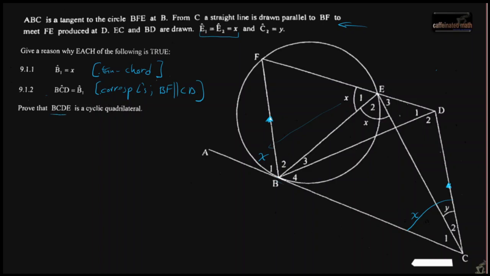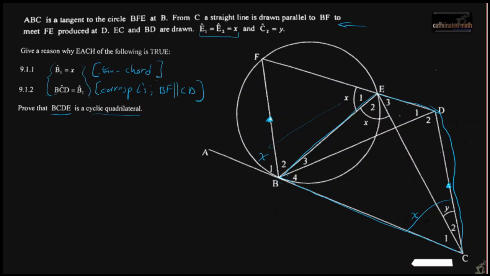Prove that BCDE is a cyclic quadrilateral. Well, first let's mark off BCDE. Now that's B and C goes over D, very ugly, and rightio. It's that. Well, it's quite astonishing the pattern that you see in paper 2s.